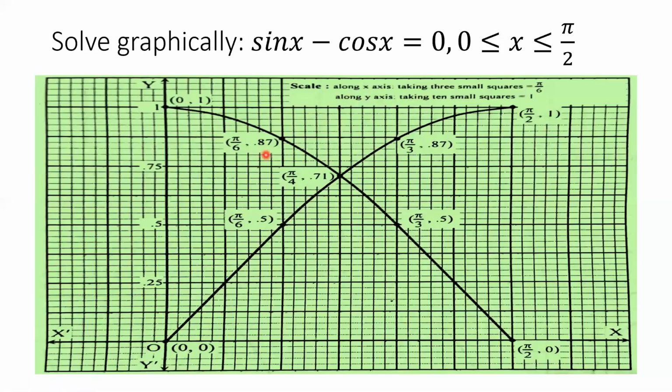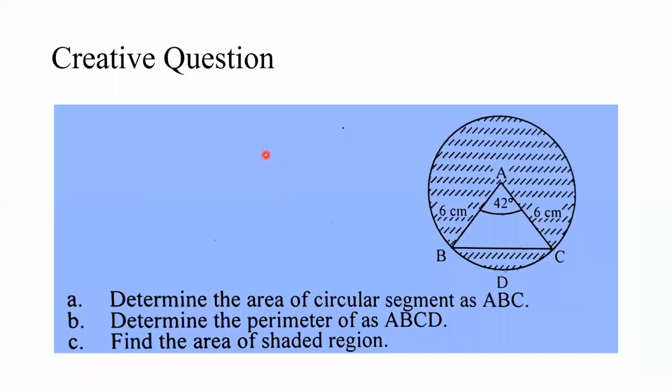Now a creative question. This is a very important creative question for you, a board question from Dhaka Board 2017. It covers our previous topic from the previous slide, the area of a circular segment.